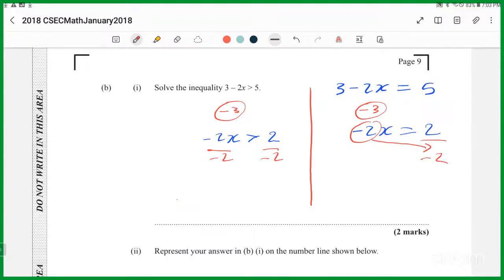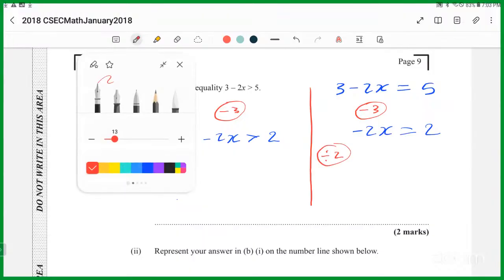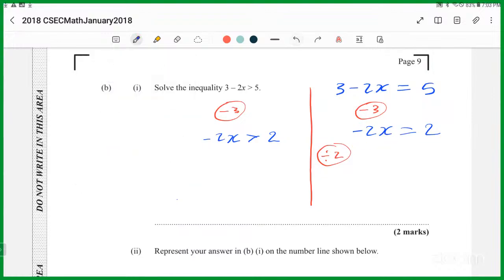That's a shortcut. In any case, theoretically we are dividing by negative 2, both of them. For this one, we'll divide by negative 2 straight, no problem. It's an equation. Divide this side by negative 2, it becomes x equals, and 2 divided by negative 2 is negative 1. This will be the solution if we were solving that.